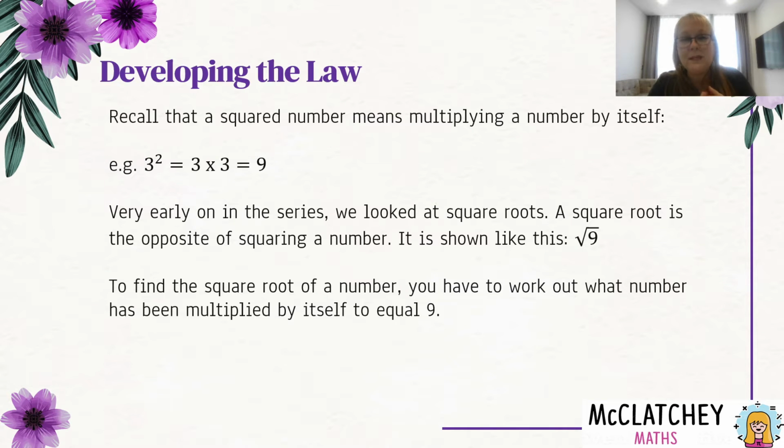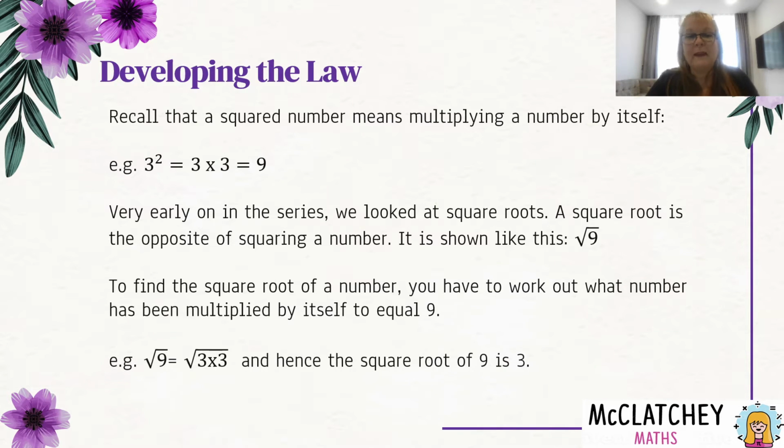Well, 1 times 1 makes 1, 2 times 2 makes 4, 3 times 3 makes 9. So that means the square root of 9 is 3. So another way we could write that is, we remember that 9 is equal to 3 times 3. We can put that under the square root sign, and then we recall that that answer, the square root of 9, is 3. That's the number that is multiplied by itself to get to 9.